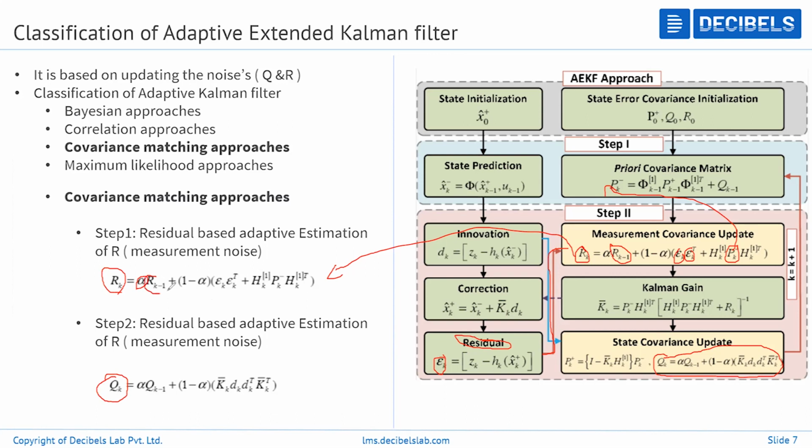Only initialization you have to do. Later, further updating will be taken care of by itself. Okay. So you might be thinking, why is it required? Why can't we give it as a constant, this Q and R, right?